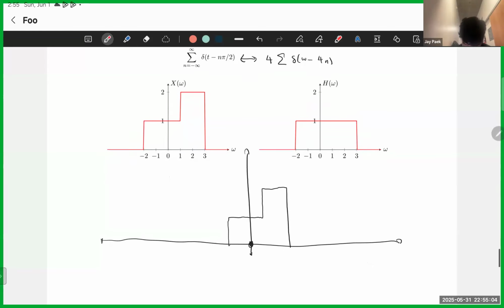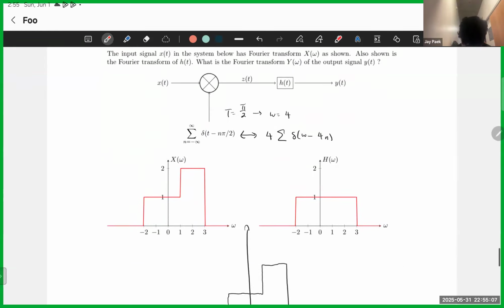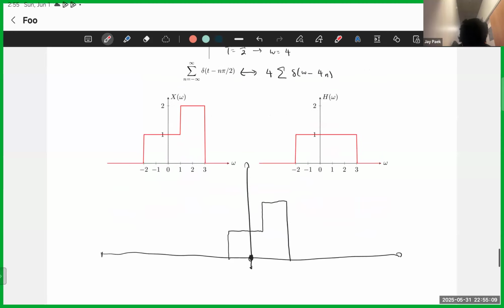Remember, I'm spacing out by 4. So I'm gonna go right here. That's 2, so that's right here. I'll draw another function, one more, go up.